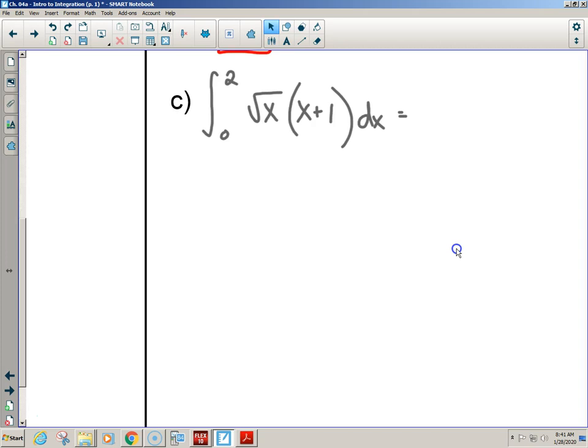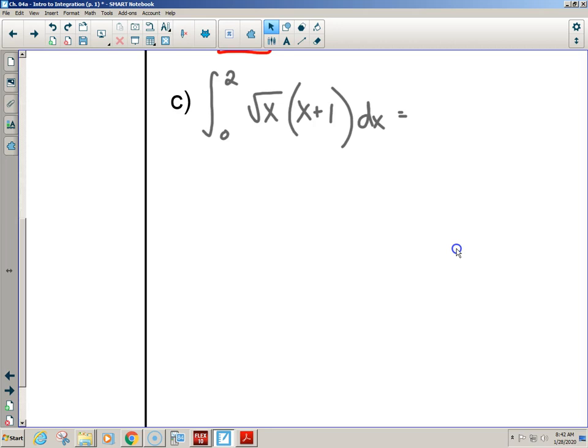Basically, MVT guarantees there's a perfect rectangle that equals the subtraction of antiderivatives. If we add them all up, we get one big old subtraction. Oh, and then you split up.